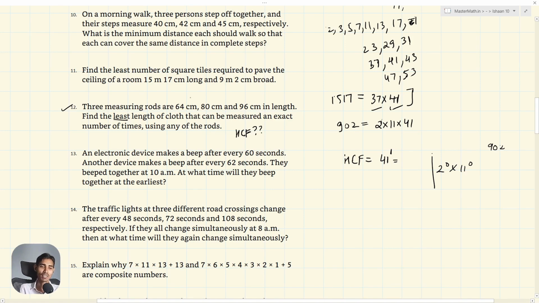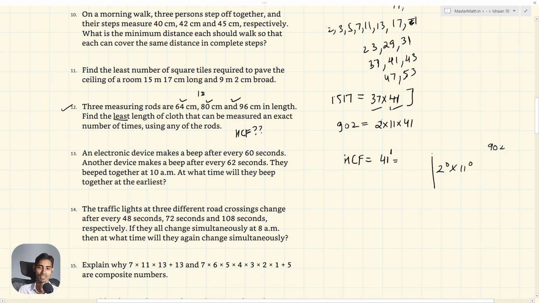See, can you measure any value less than these using this? No, sir, it's not marked. If it was marked, 5 centimeter, 10 centimeter, then it's a different thing. But they're just saying the lengths are 64, 80, 96 centimeter. Can we measure anything less, say 30 or 10 or 20, using any of these? No, sir.